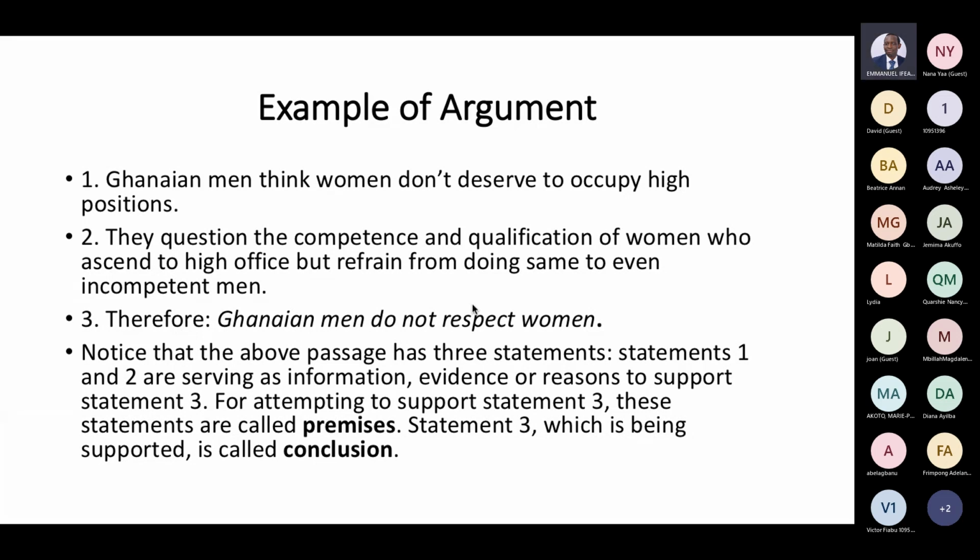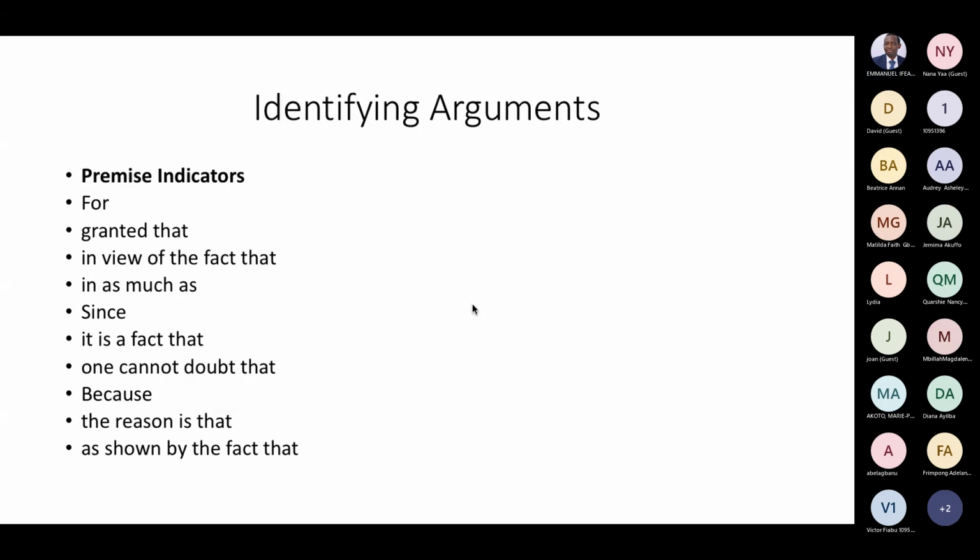You see two premises supporting a conclusion, or rather, you see a conclusion that is being supported or defended by two premises. So you have a conclusion, and then you have two premises supporting, defending the conclusion.